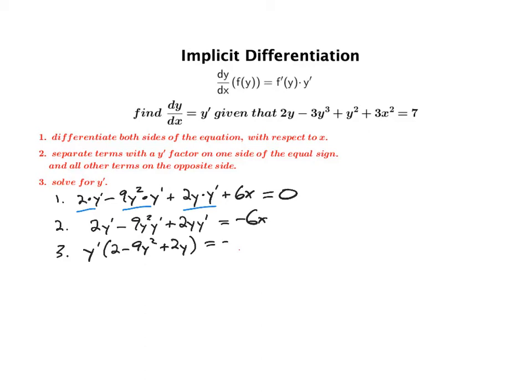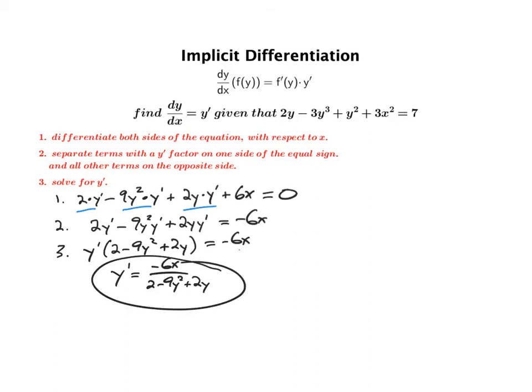And that still is equal to negative 6x. And our final step is to isolate y prime. So we're going to divide out its factor. So we end up with negative 6x over 2 minus 9y squared plus 2y. And that is our dy dx.